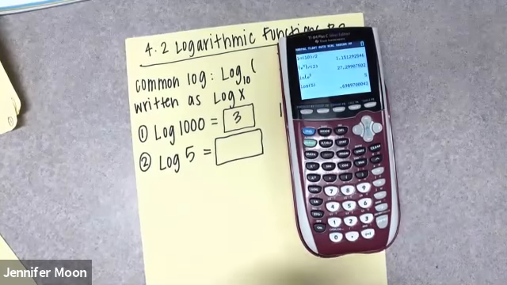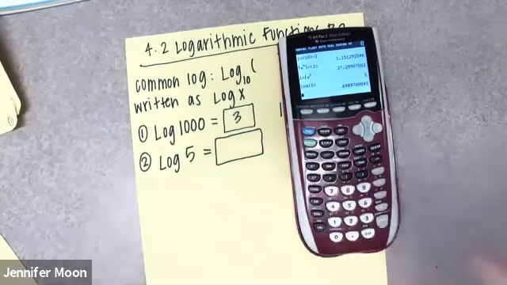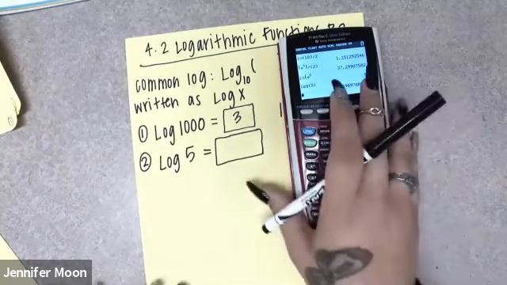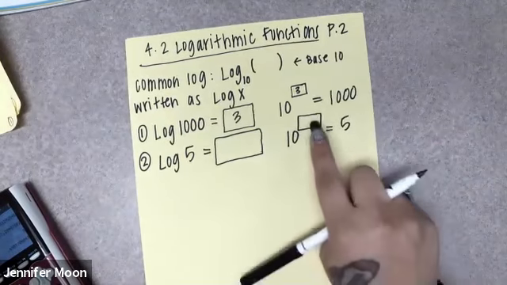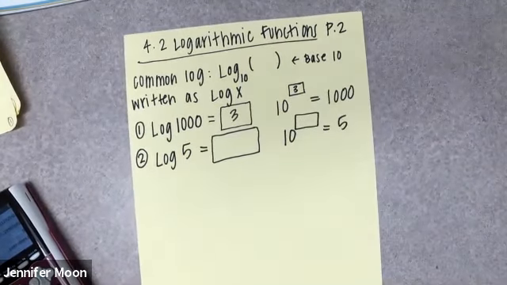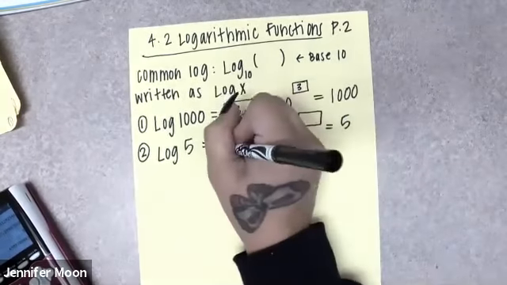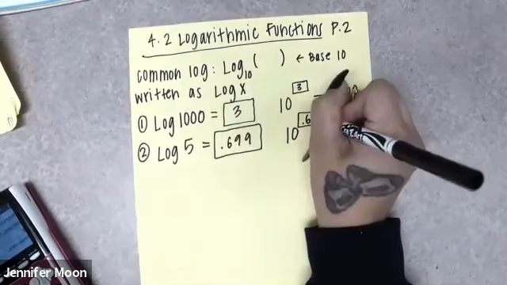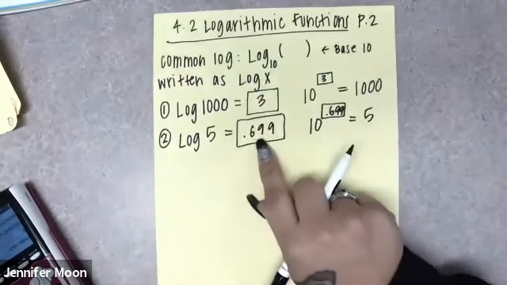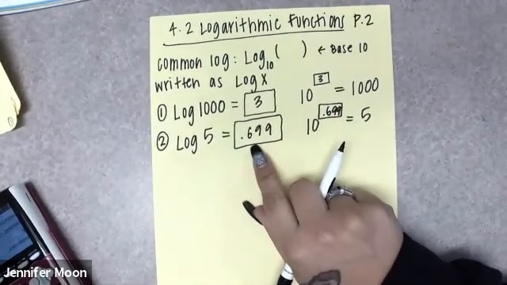0.6989700. On the homework and on an exam, it would say round to the nearest whatever, right? So for this answer, I think I rounded to like the 5th, but I want to be able to write it here. So I'm just going to round it to the 3rd decimal, which would be 0.699. So of course, if you use your calculator, just an answer is okay.